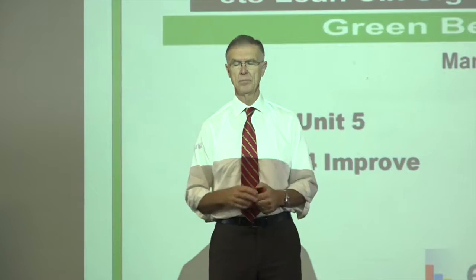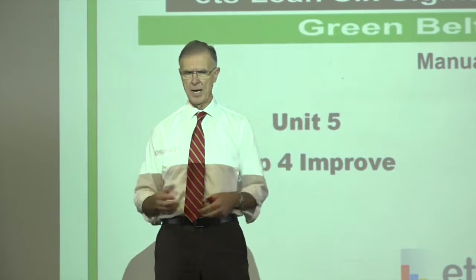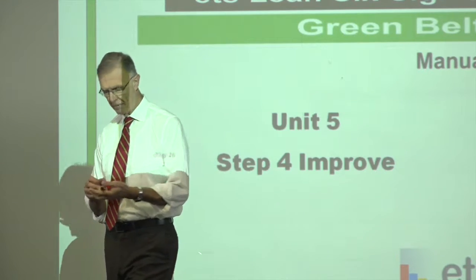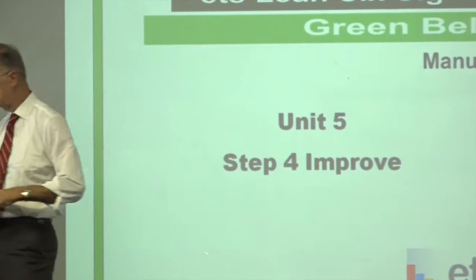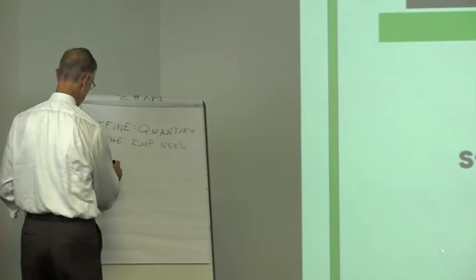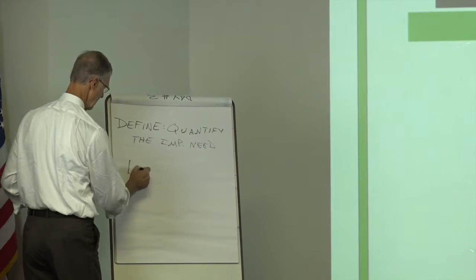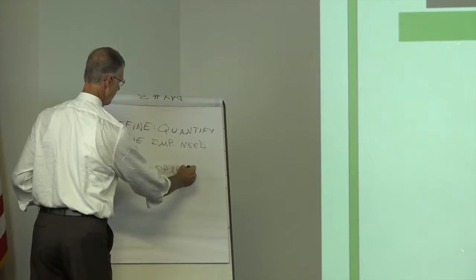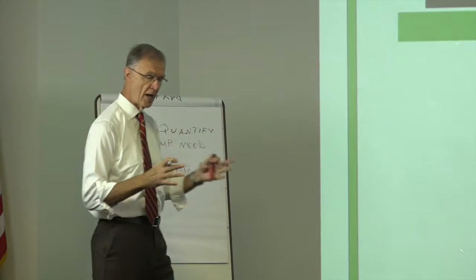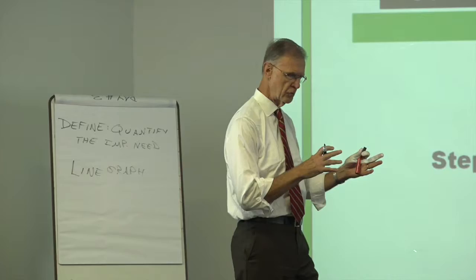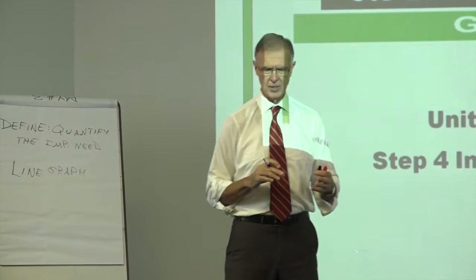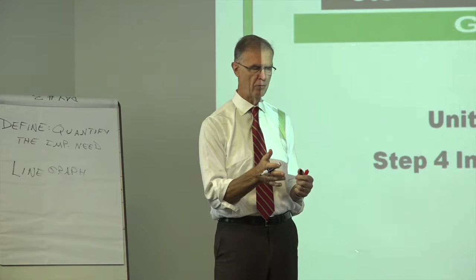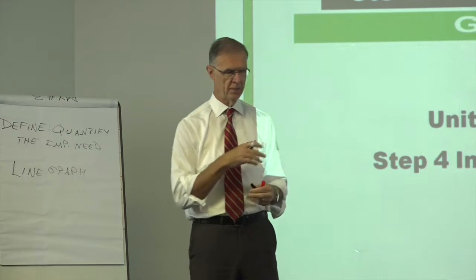A graph. Any particular kind of graph come to mind? A line graph, all right. Why would a line graph be useful? Okay, a line graph shows performance over time. So performance over time then demonstrates that maybe this isn't just a one-time bad performance level, maybe it's been persistent.